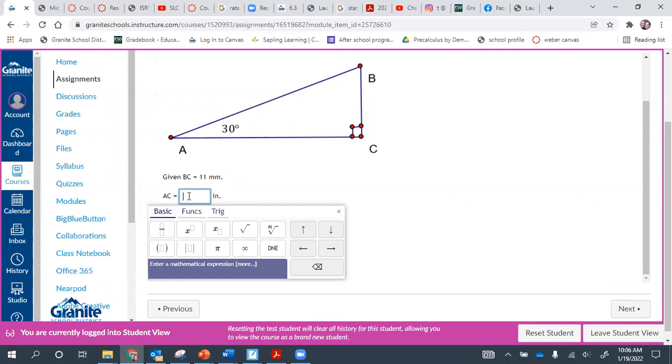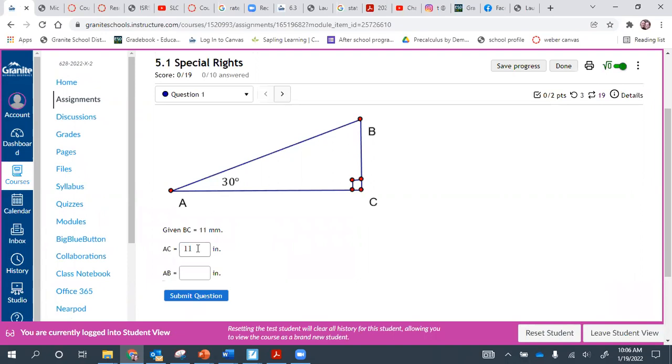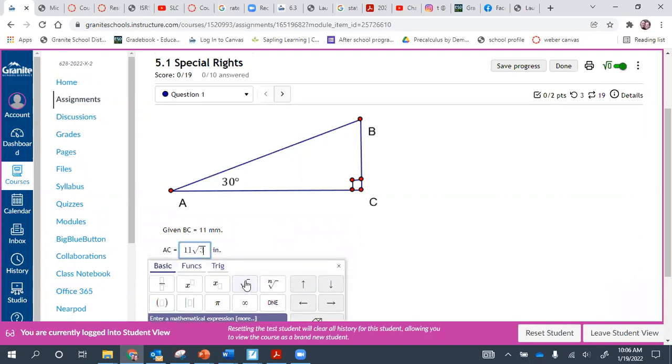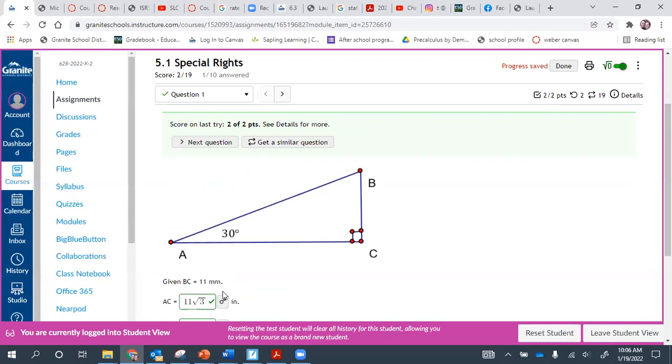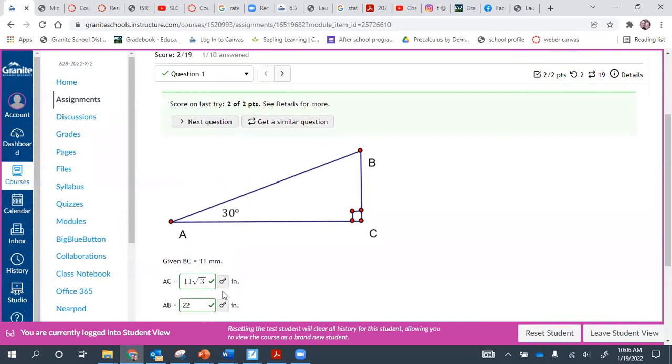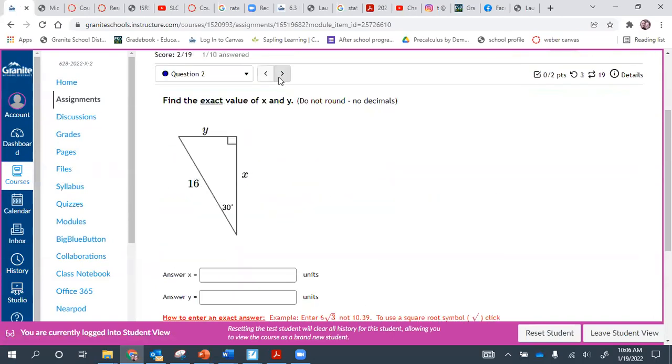Now, don't put that in your calculator. Just put in literally 11 and then the square root of 3. Now to get AB, we're going to double the 11, so it should be 22. And there we go. We did it. Then you're just going to keep going. It's going to have more questions like that.